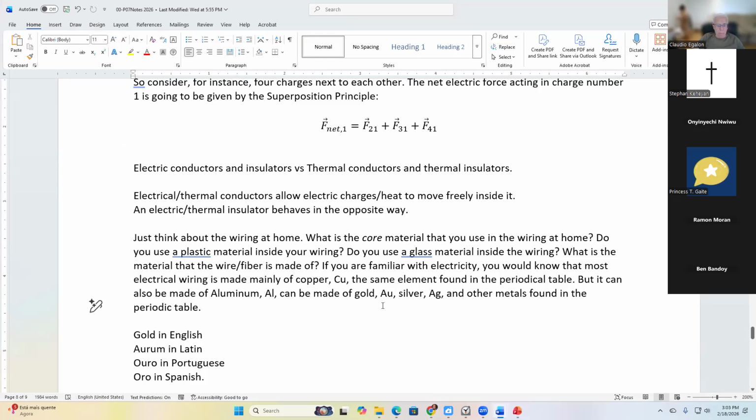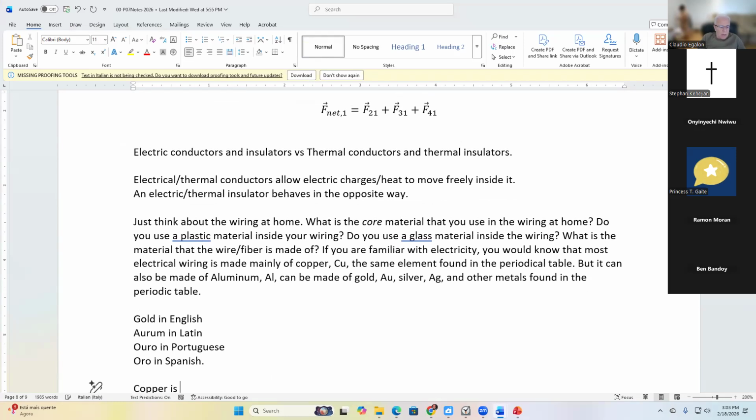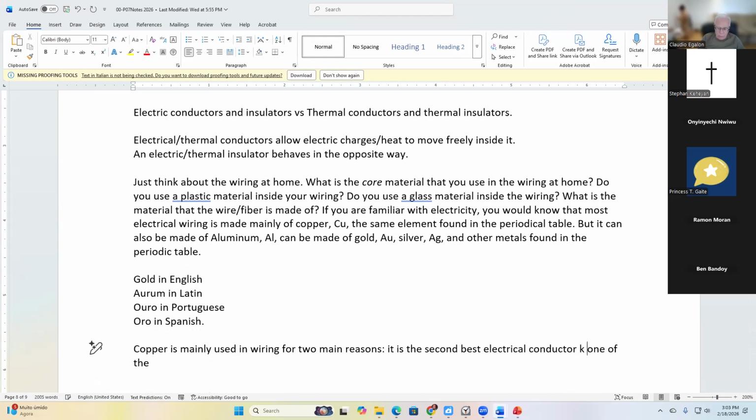So those are important electrical conductor materials. Copper is mainly used in wiring for two main reasons. One, it is the second best electrical conductor known in nature.